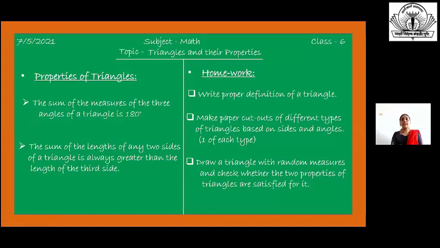The first property: find the angles and see whether the sum of all the three angles is equal to 180 degrees. For the second property, check whether the addition of two sides is greater than the length of the third side. Okay, so is the homework clear to everyone?